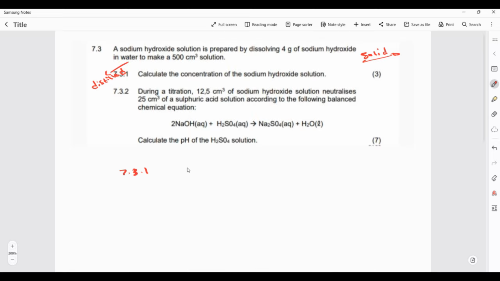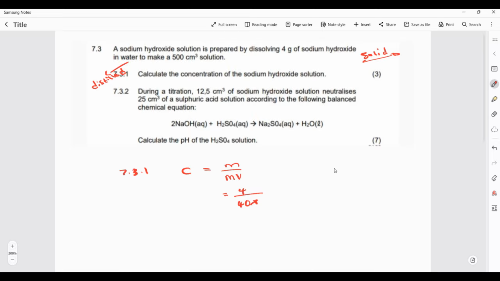To find the concentration of sodium hydroxide solution, you have the mass, you also have the volume of the solution. So to find the concentration, you can use this formula, m over M v over there. And then your mass is 4, and your molar mass for sodium hydroxide is 40, as we did in the previous equation.